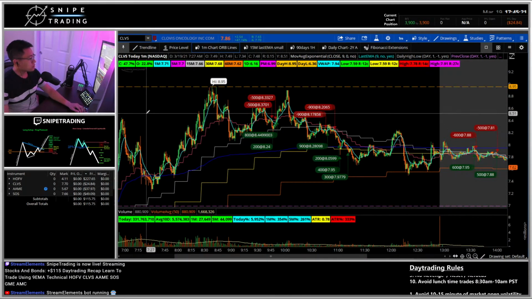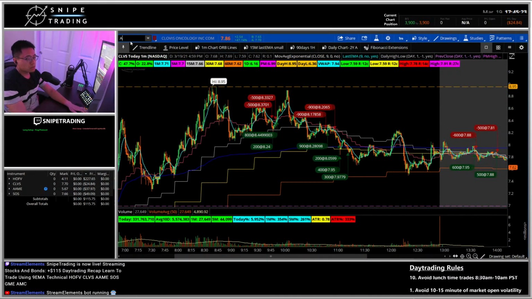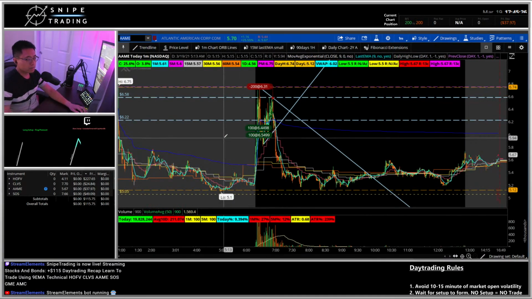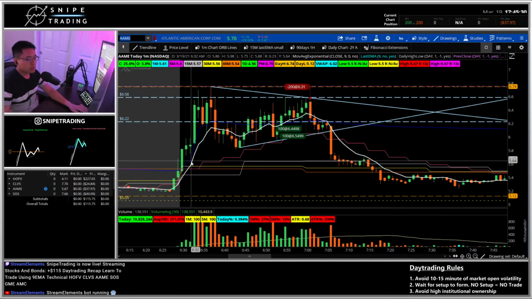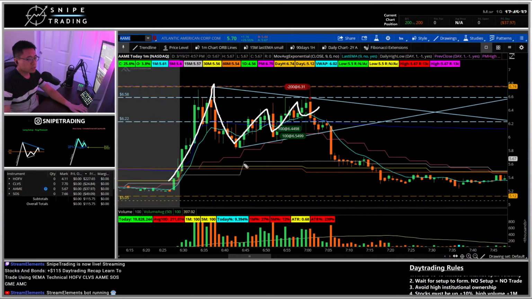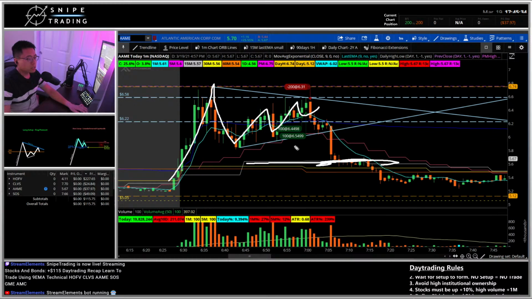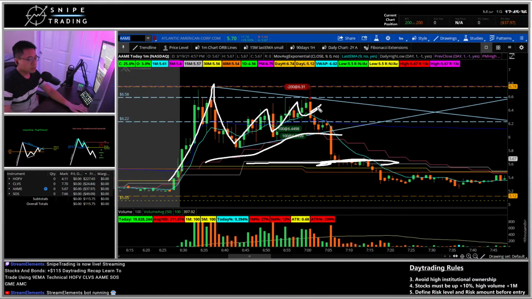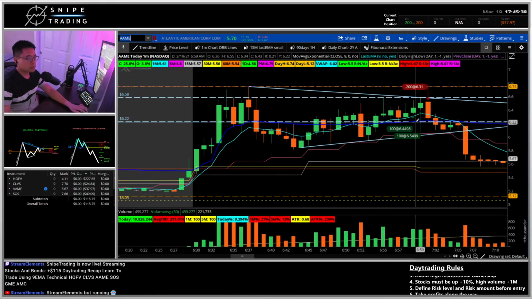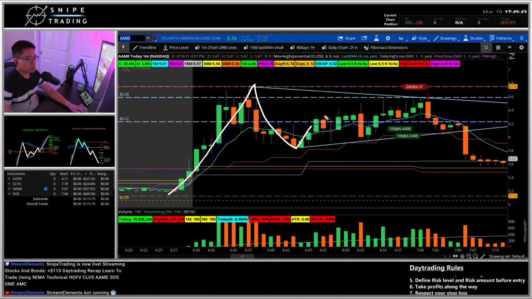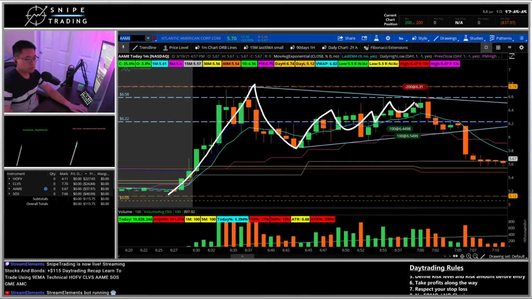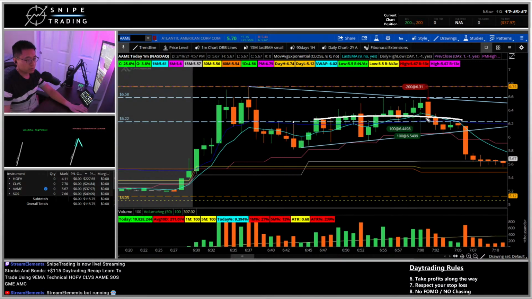So the next trade is AAME. So this was a long trade. It didn't work out too well because it was a little bit extended on the 50-minute chart here and a little bit extended on the 5-minute chart. But I attempted it because in the morning there seems to be a little bit more action that tends to break out a little early.